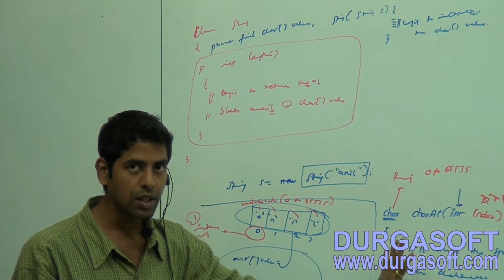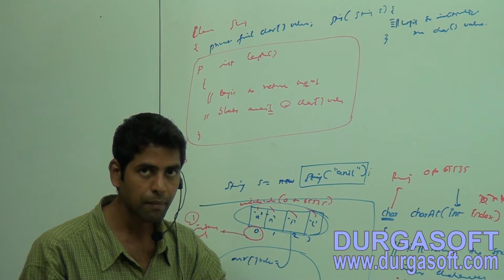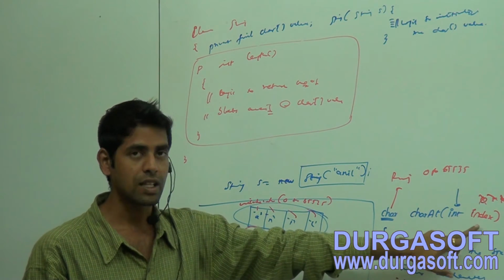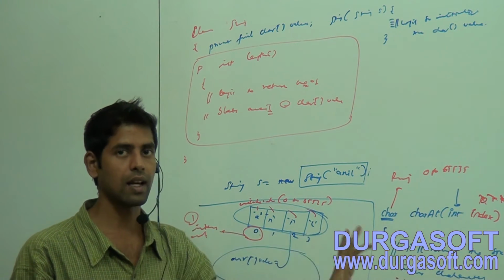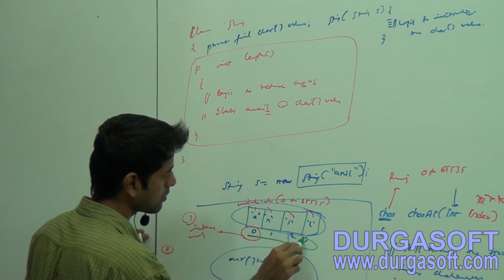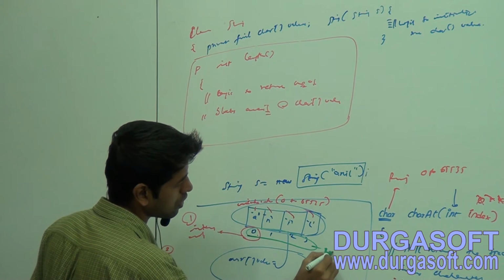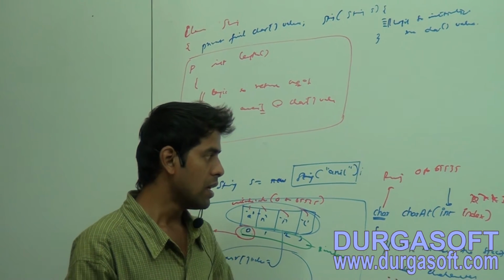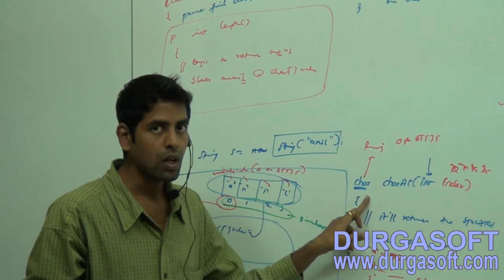What is the implementation of this method? It will return the character at the specified index. These are all called indexes. This method's return type is what?